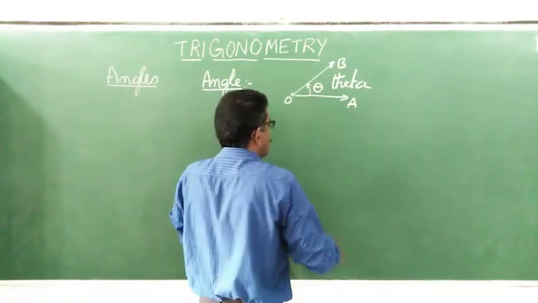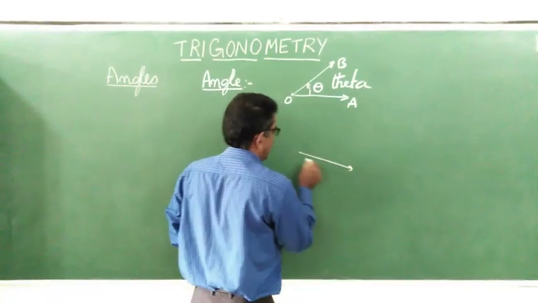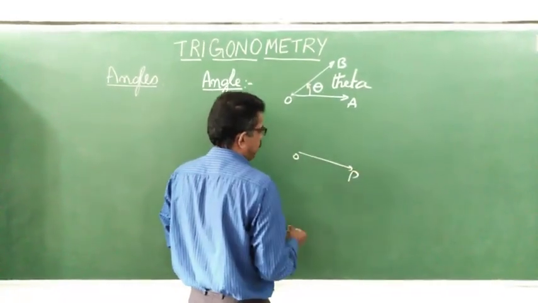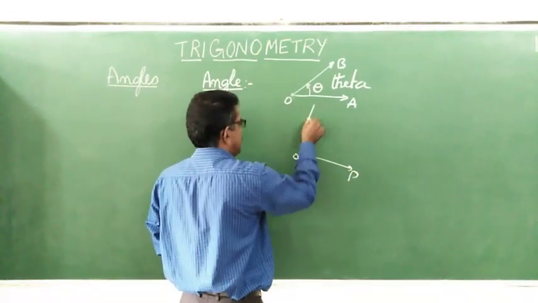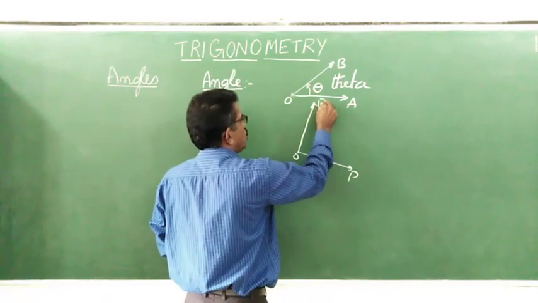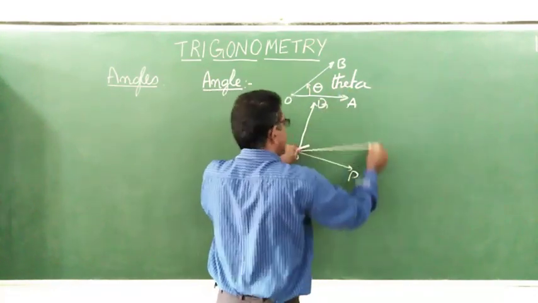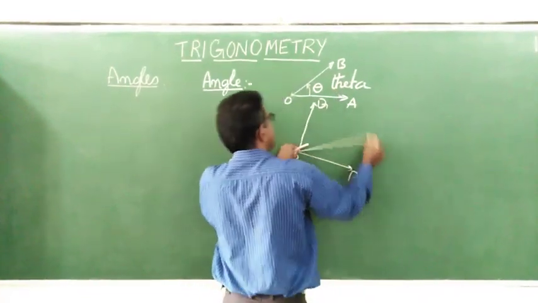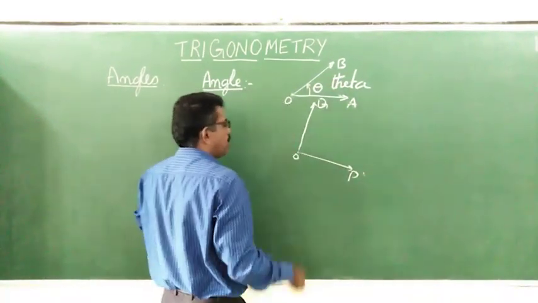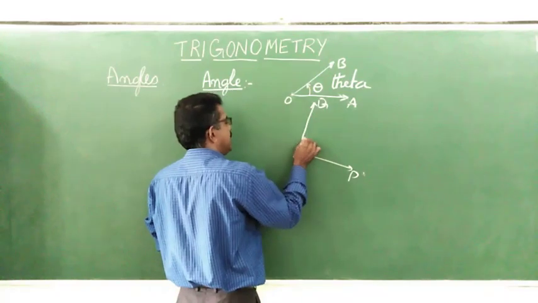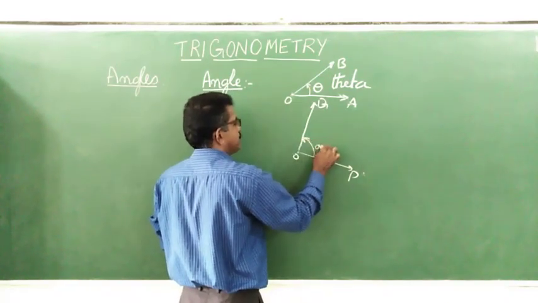Okay, if I take one more OP and let me take another OQ. From OP to OQ, how much do I rotate? How much it is rotated, that amount of rotation is known as angle.